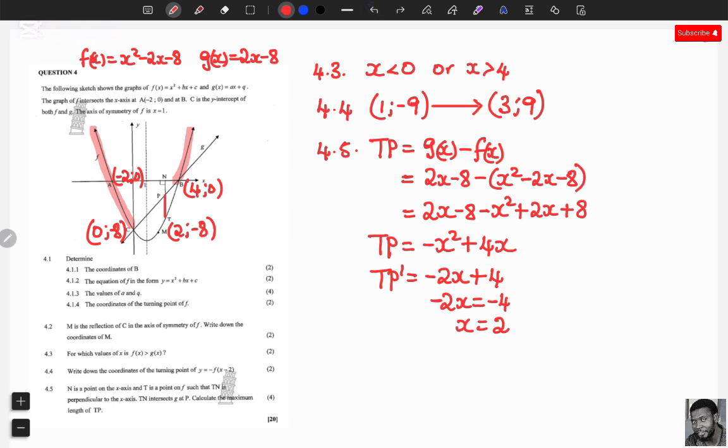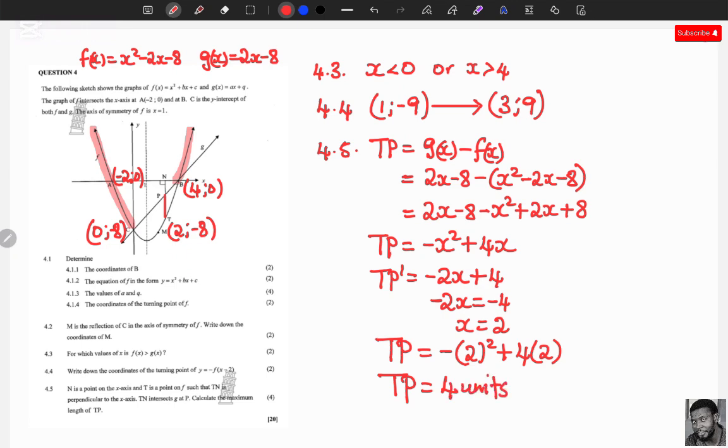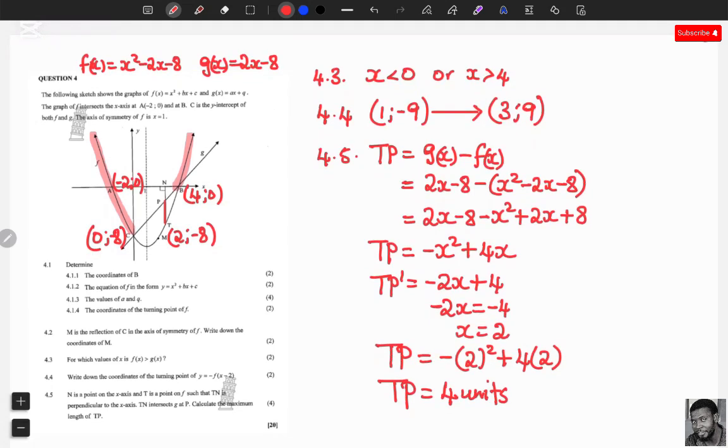Then TP will be negative 2 squared plus 4 times 2, which is negative 4 plus 8, which is 4 units. So there will be 4 units.